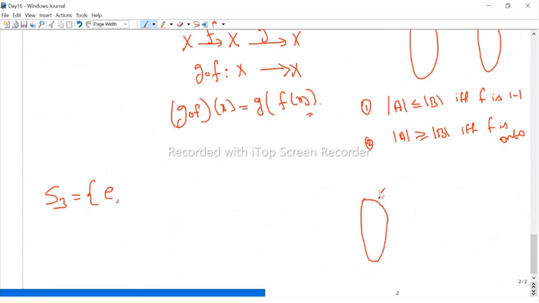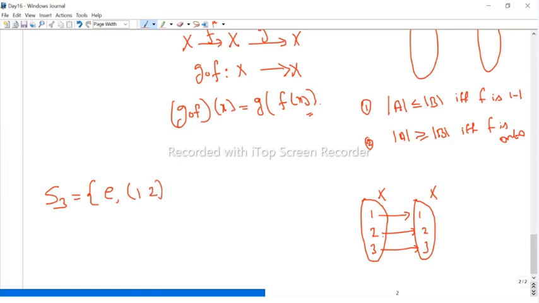So this is X, which contains 3 elements, 1, 2, 3, and we have a set X that also contains 1, 2, 3. Now how many bijective functions can we define? So that is a list. 1 goes to 1, 2 goes to 2, 3 goes to 3. This is one function, usually we call it E. Suppose I write (1 2).